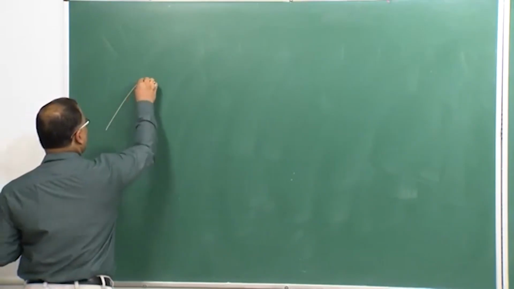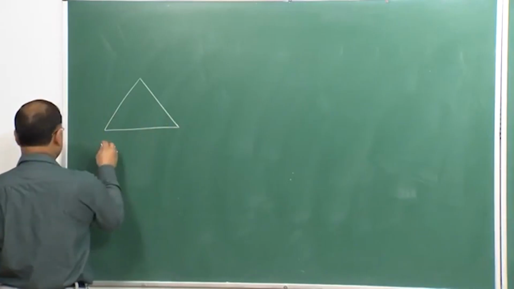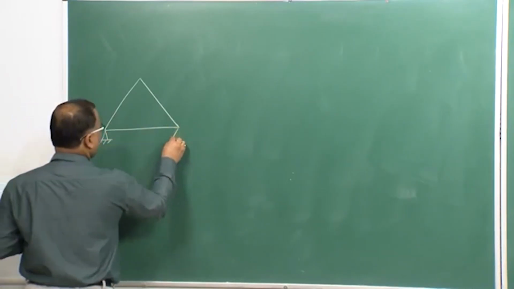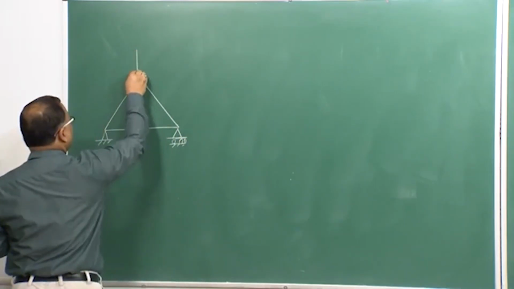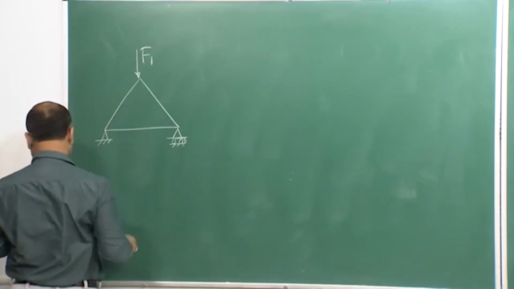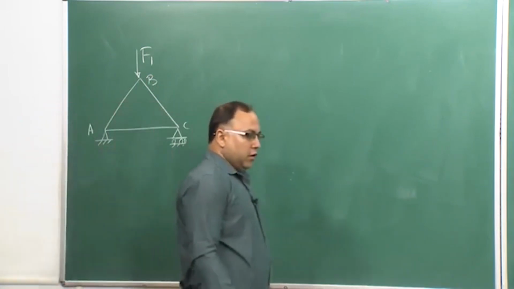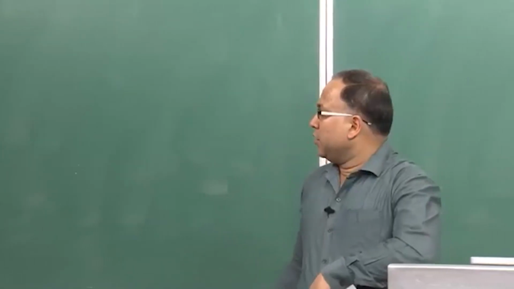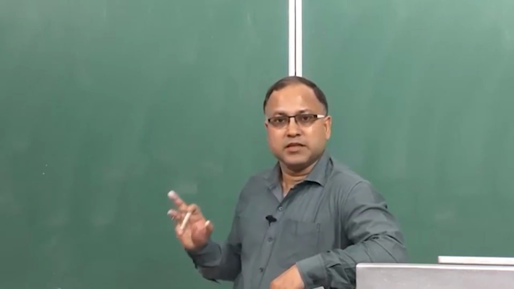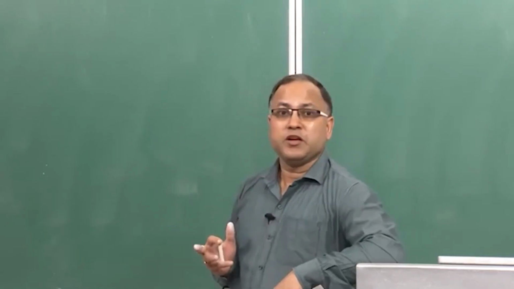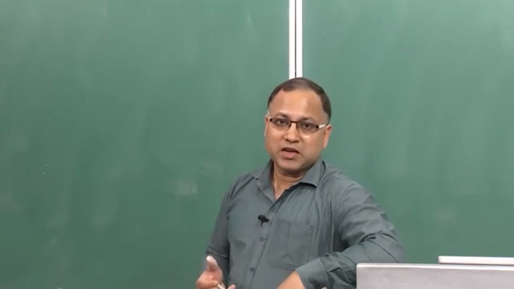So, suppose this is one truss, you have a load here, say F1, with joints A, B, C. One thing is already clear from the previous discussion: this truss is a rigid truss, but whether it is statically determinate or indeterminate, we also have to look at, otherwise how can we solve the support reactions?